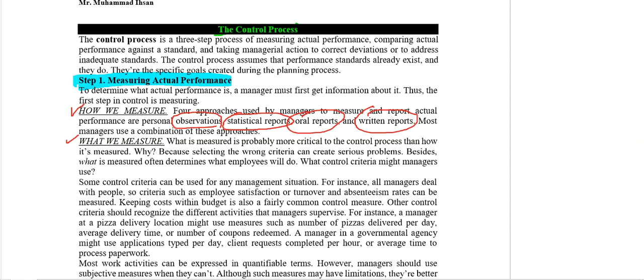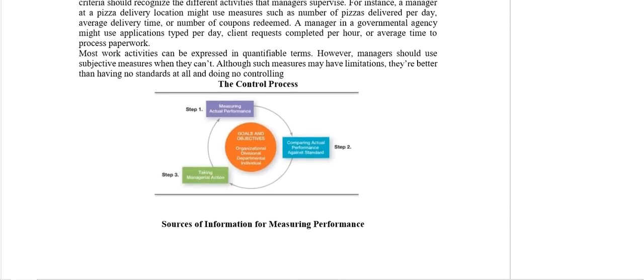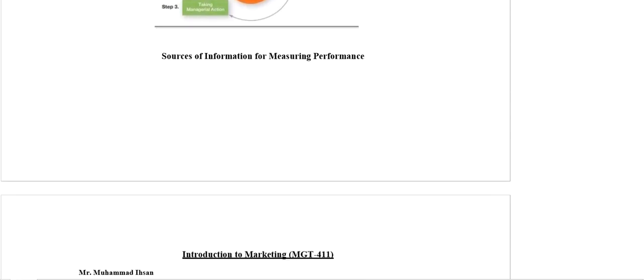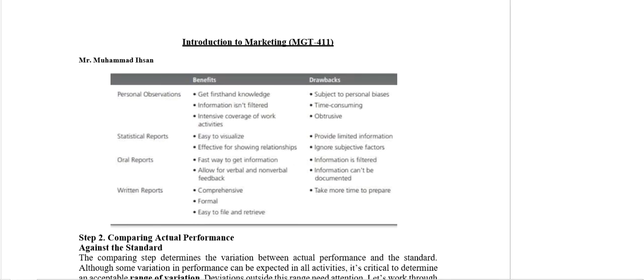First of all, let's start with the first point, which is called personal observation. Personal observation means the manager or the boss or the evaluator himself or HOD himself goes and notices the performance of the employee.